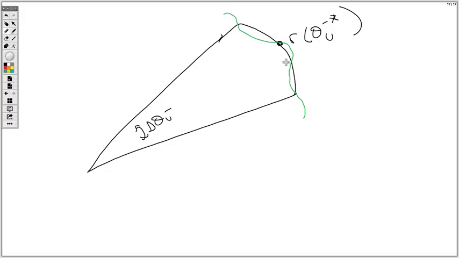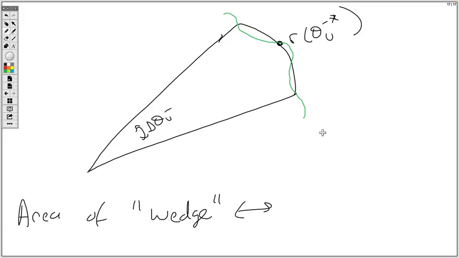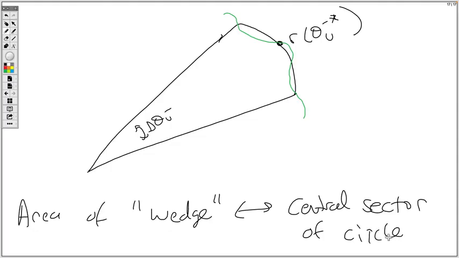You with me or not, folks? So I need the area of this wedge, which, like a slice of pizza or something, more technically is called a central sector of a circle. All right, so I need to figure out what that is. So we go off to a little geometry.